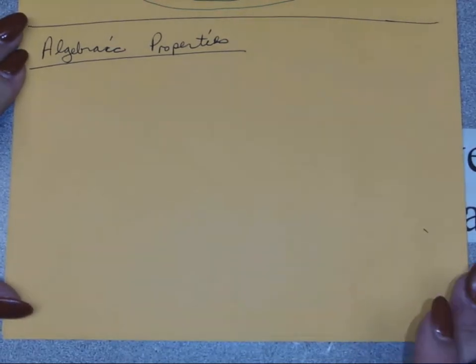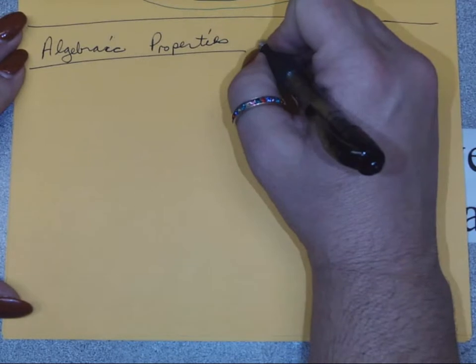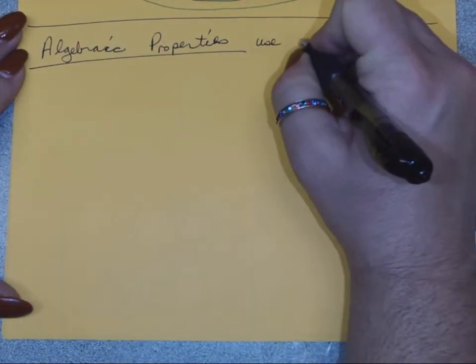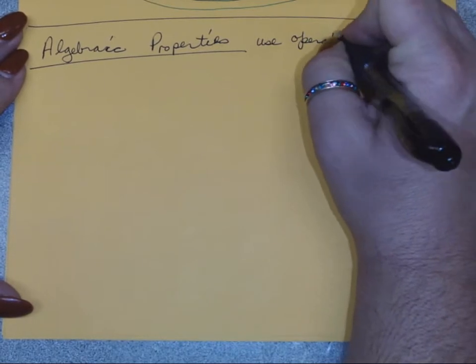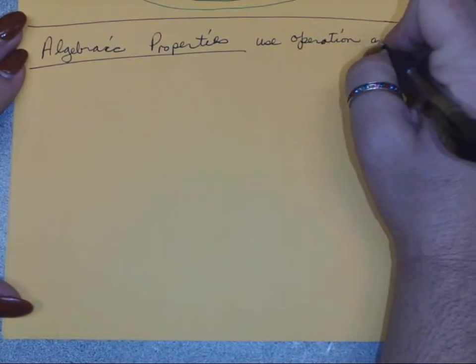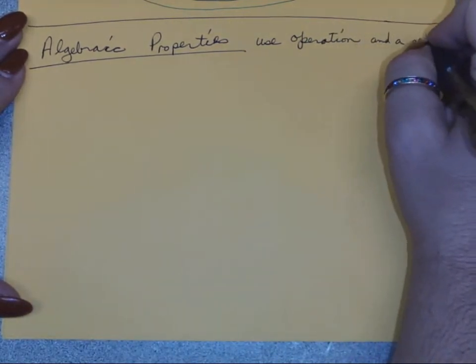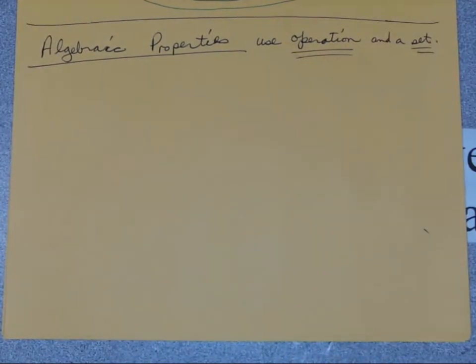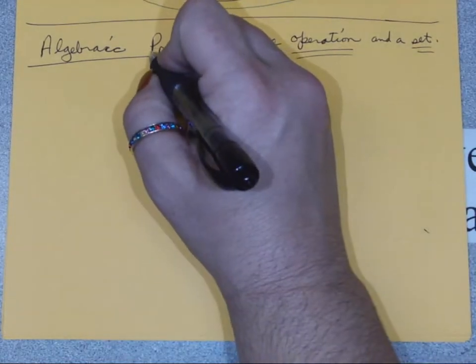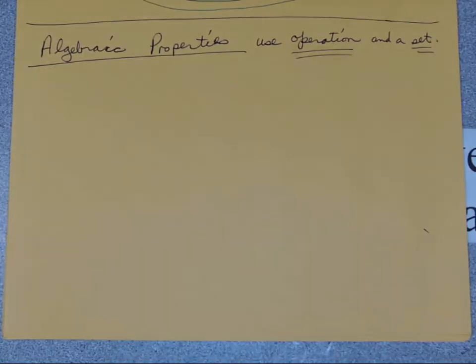Interesting thing, whenever you're talking about algebraic properties, they use an operation and a set. The set part, we just talked about all the different number sets. But when we're talking about an operation, what operations are we talking about?